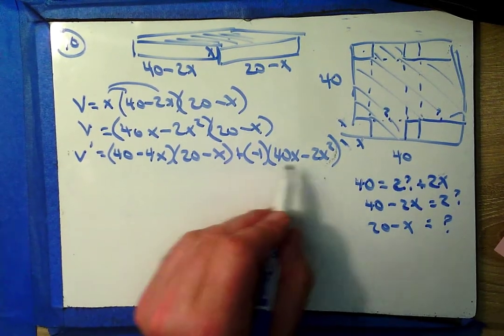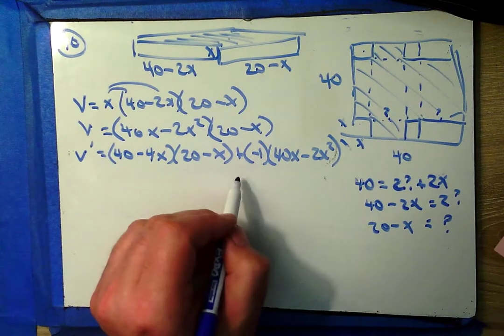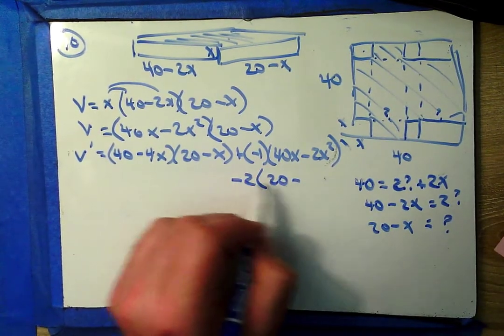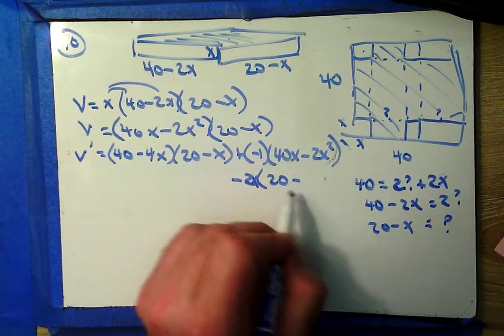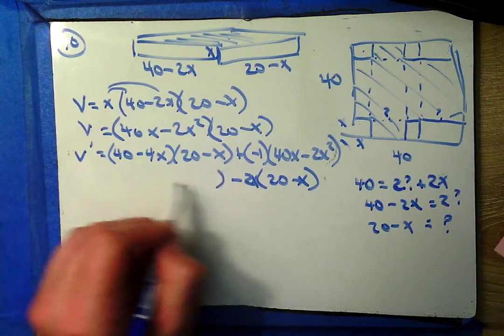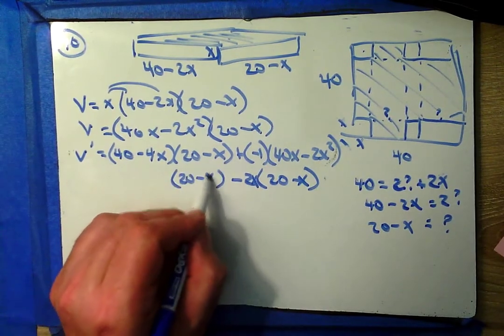Well, I can see I can factor a 2 out of each of these. And so I've got minus 2, 20 minus, oh, and an x. I can take that x out. 20 minus x.